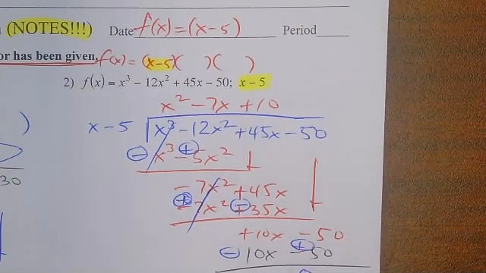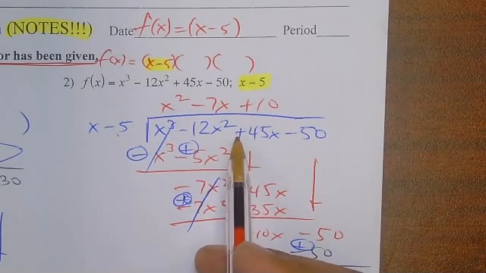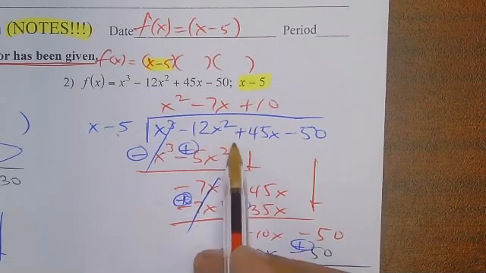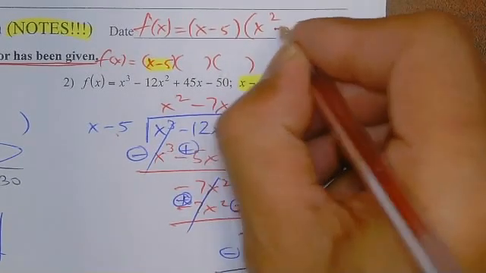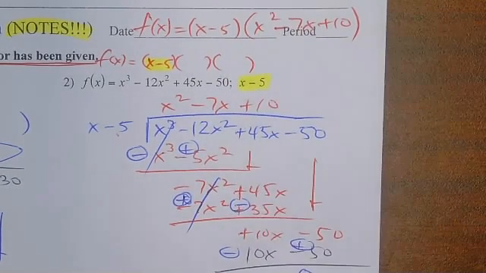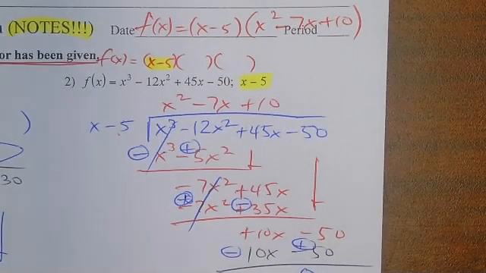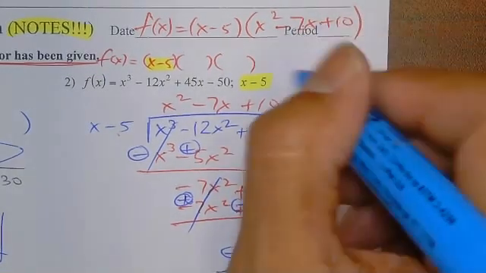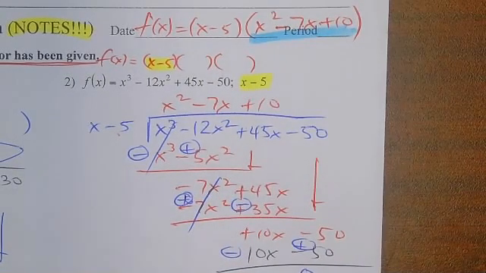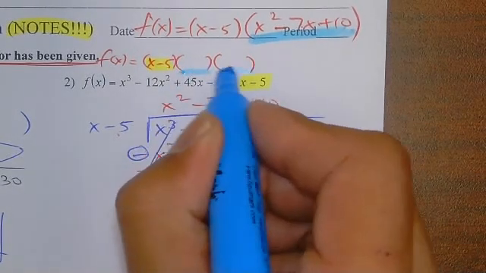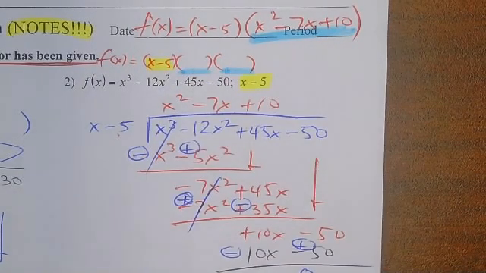If I just divide it and the remainder is 0, that means that this times this is this, yes? So now I got x minus 5 times x squared minus 7x plus 10. But then what am I telling you? This one that's quadratic will be what? Factorable. That's going to be the last two that go there.